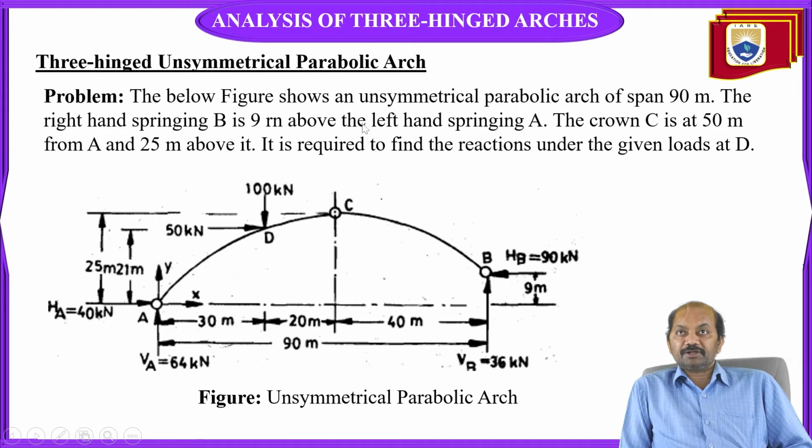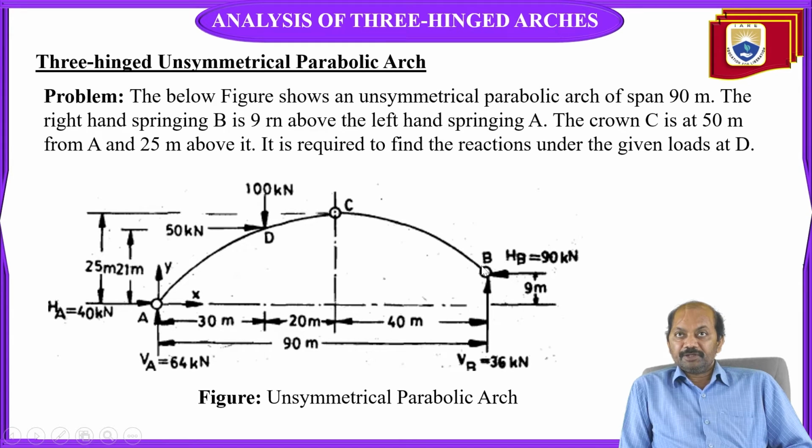The below figure shows an unsymmetrical parabolic arch of span 90 meters. You see in the figure, span is 90 meter. The right hand springing B, right hand springing means the end of the arch.